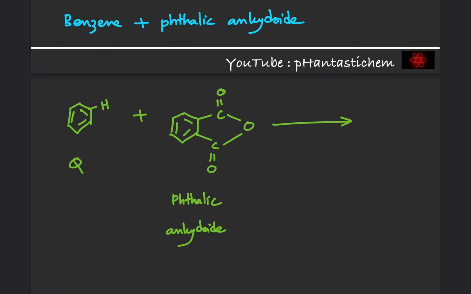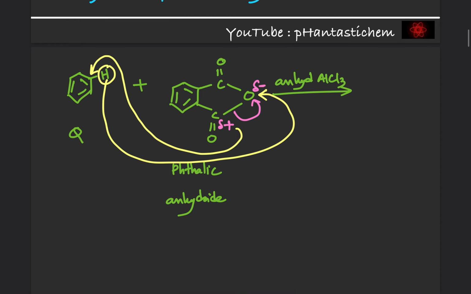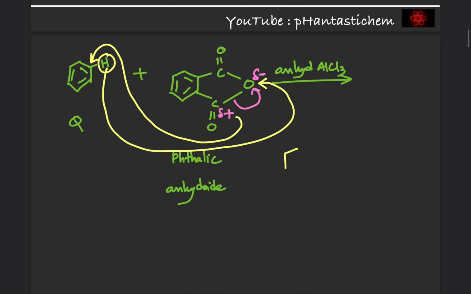So obviously in the presence of anhydrous AlCl3, this oxygen will take away this electron pair, therefore it will have a partial negative charge. This carbon will have a partial positive charge. Okay, so therefore this carbon goes and attacks this carbon, and this H will become a part of this O. Okay, so ultimately we will get this compound: benzene ring, instead of H, we will have C double bond O connected to this benzene ring, so C double bond O, which is itself connected to another benzene ring.